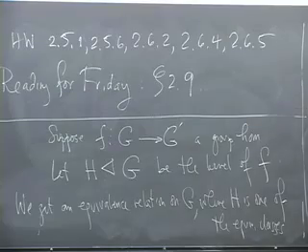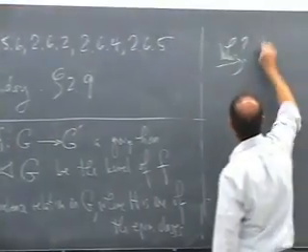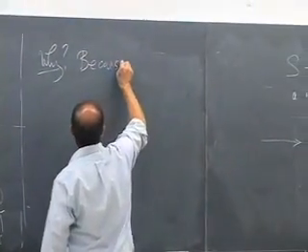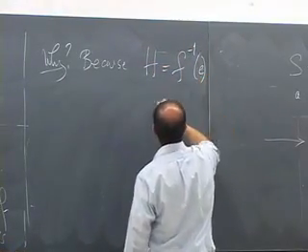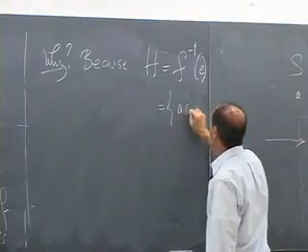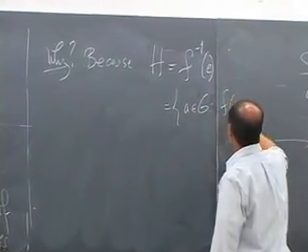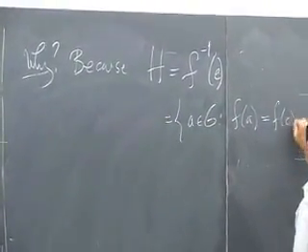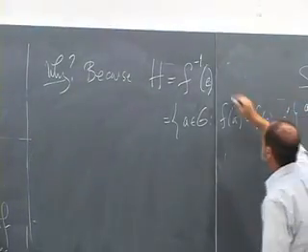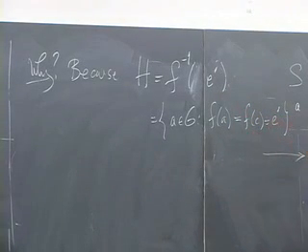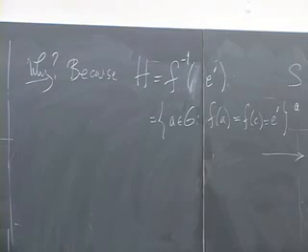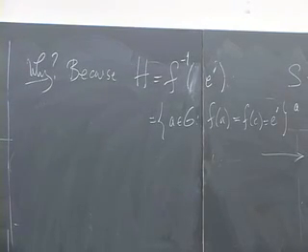Why? Because the definition of H is that it's the inverse image of the identity. So it's all elements a in G such that f of a is e prime. I'm going a little too fast. So it's the elements that map to e prime in G prime. That's the definition of the kernel, so that's one of our equivalence classes.